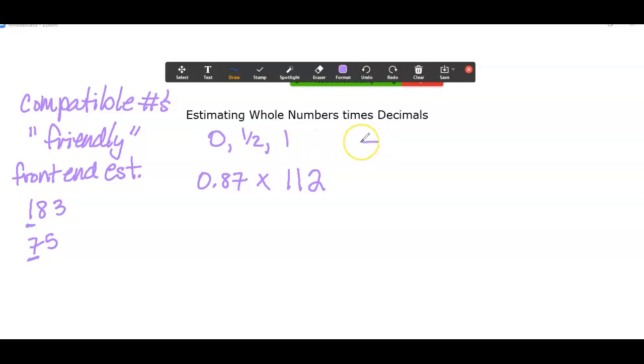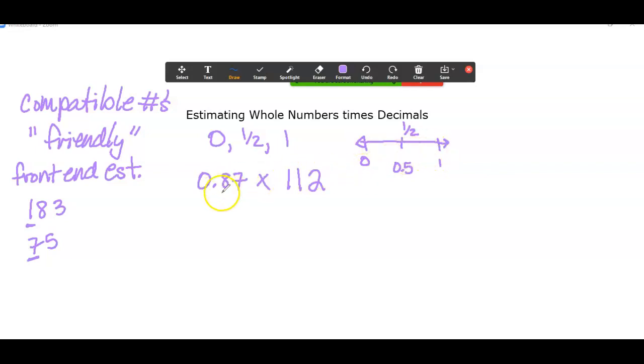So if I think of a number line and I have 0 here and 1 here, and then this is always a half. Remember that another way to write a half is 5/10. So both of these are the same value, just this is a fraction, this is a decimal. So I want to think about this 87 hundredths and where it would go here on the number line.